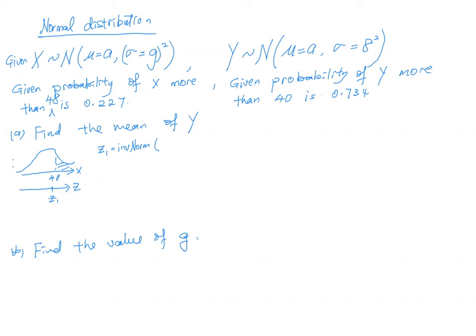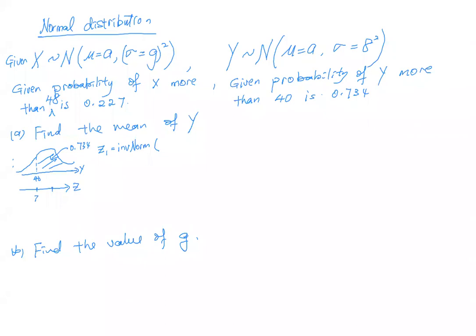Yeah, you are right. So I have to use the Y information, because both have the same mean, and I got the standard deviation of Y. So this is 40, and this area is 0.734.